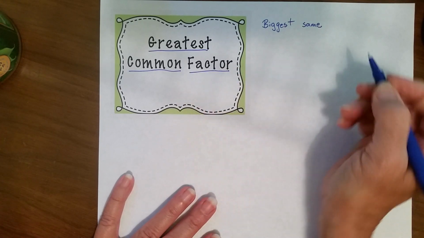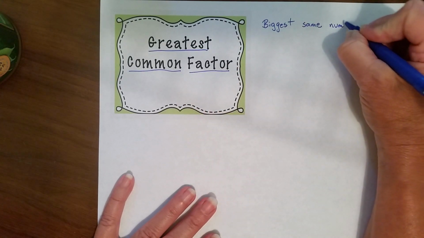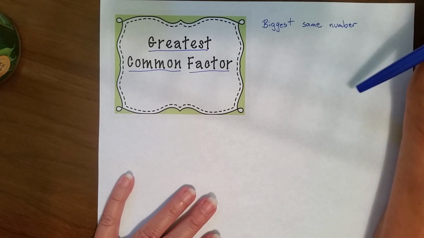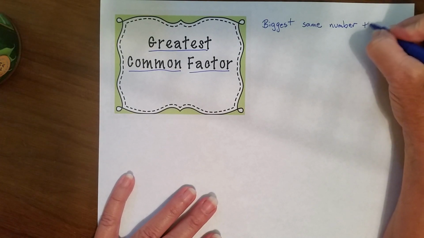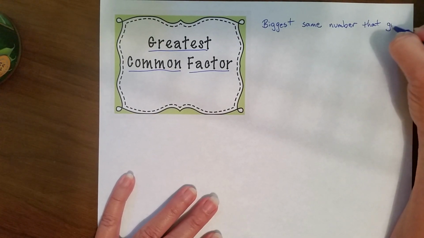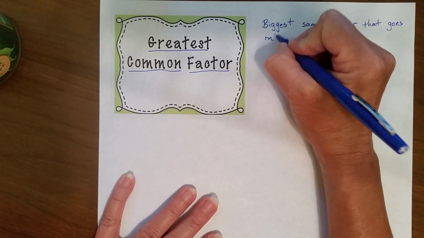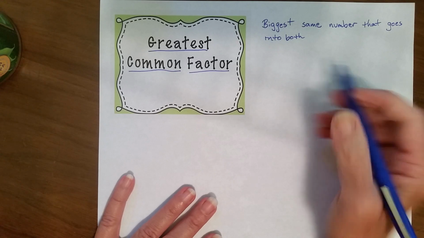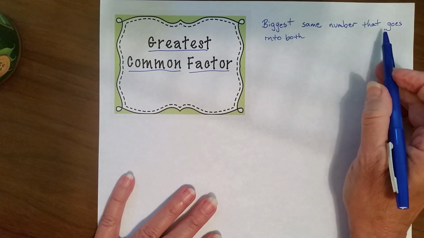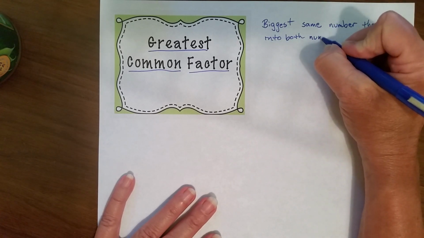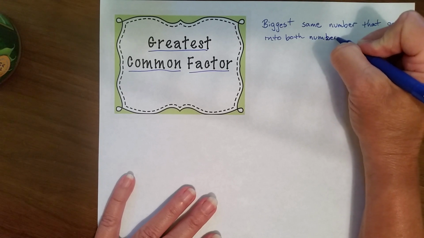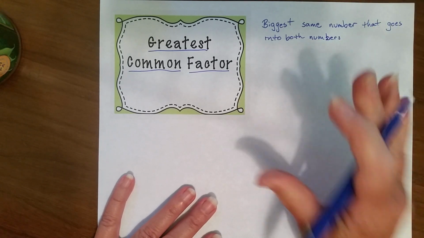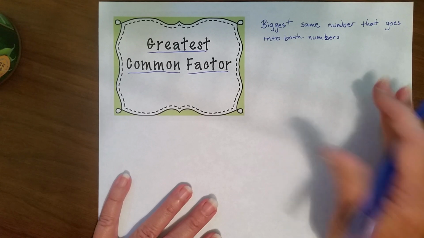A factor is a number that goes into a number, into both. So what we're looking for is the biggest same number that goes into both numbers.